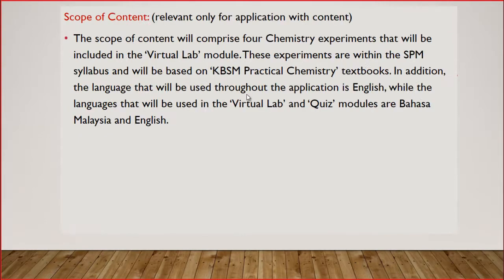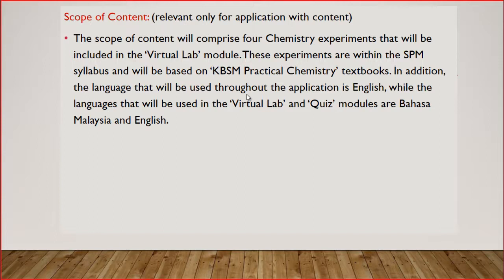Because this student has content, because this is a learning application, I put here: relevant only for applications with content. If you don't have content, you don't have this part. You only have scope of user and scope of system.